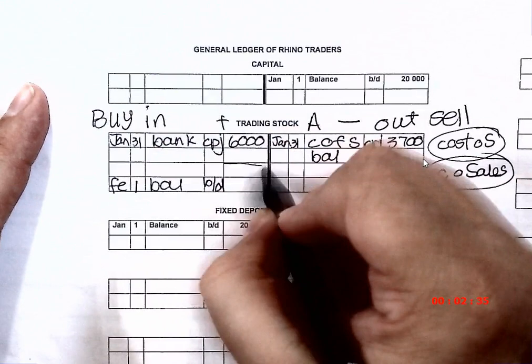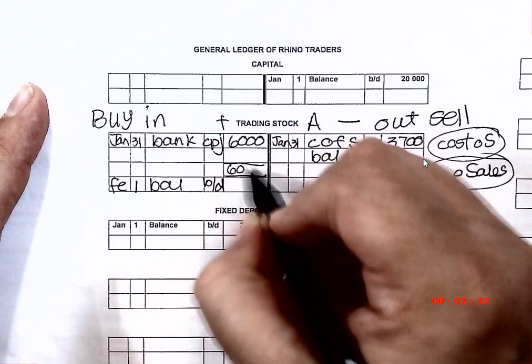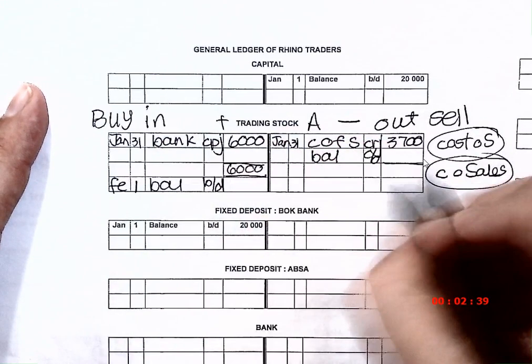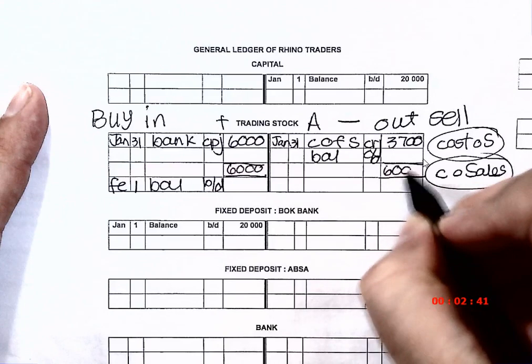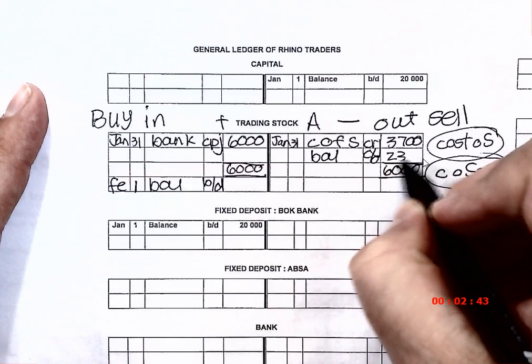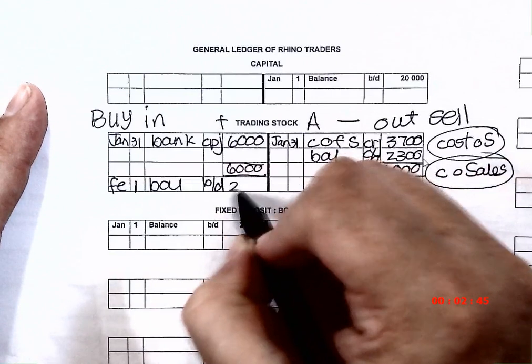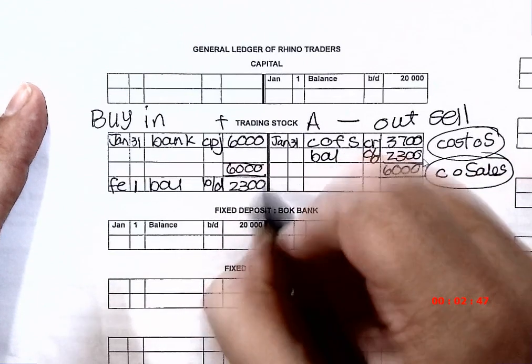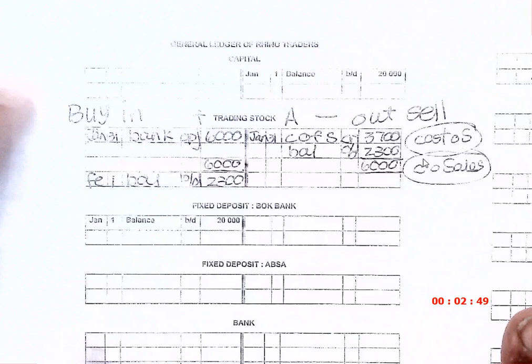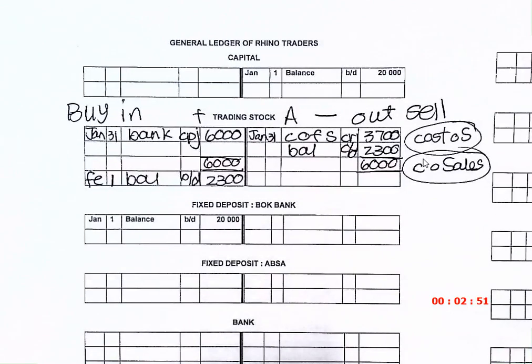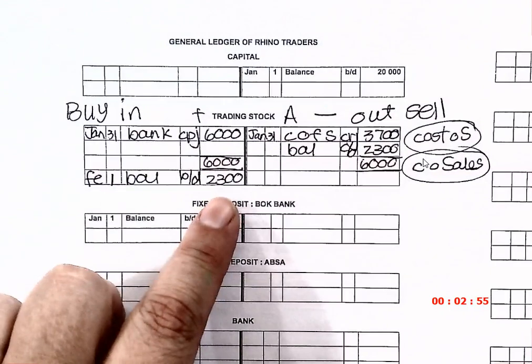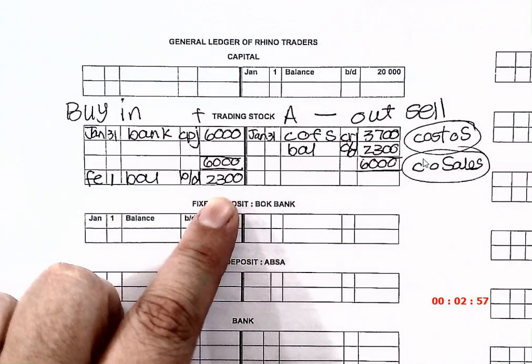Alright, so now let's see. It adds up to 6,000 both sides. But this side is short 2,003. So this is the stock I'm left with. Can you see it's got nothing to do with cash. Nothing to do with how much money I have or how much money I made. This is literally how much stock I have left.